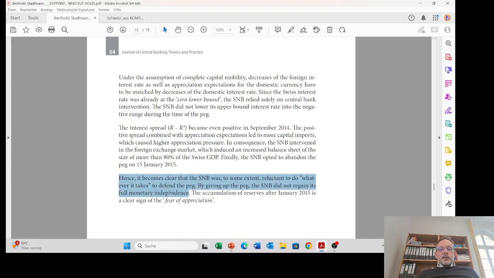So in the end, we argue it becomes clear that the Swiss National Bank was to some extent reluctant to do whatever it takes to defend the peg.